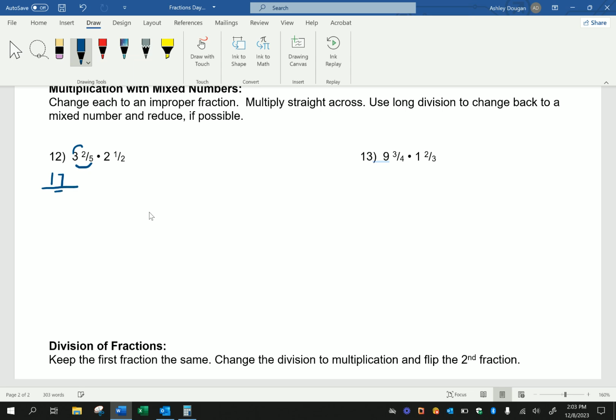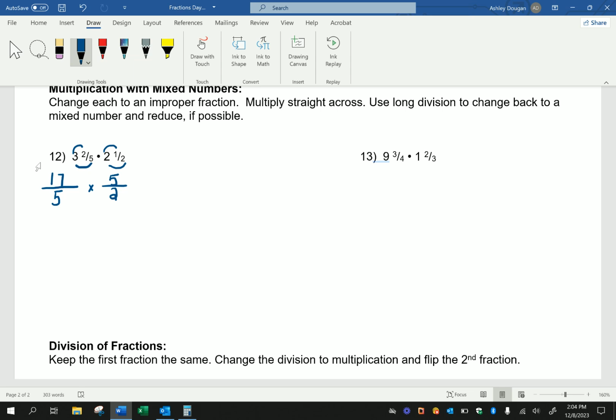And then I keep the denominator the same, so that would have 5 on the bottom. And I'm multiplying. And then I'm going to change 2 1/2 to an improper fraction. 2 times 2 is 4, plus 1 is 5, and that would make that 5 over 2, because I keep the denominator the same. Now I'm going to be multiplying 17 over 5 times 5 over 2.